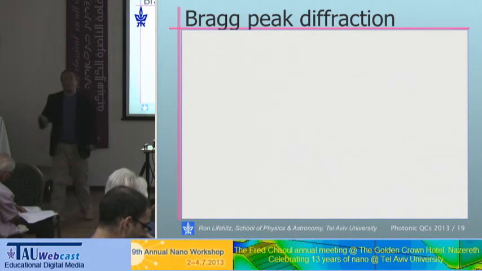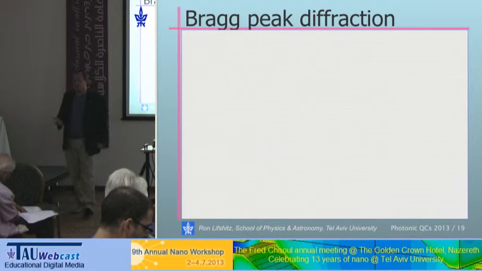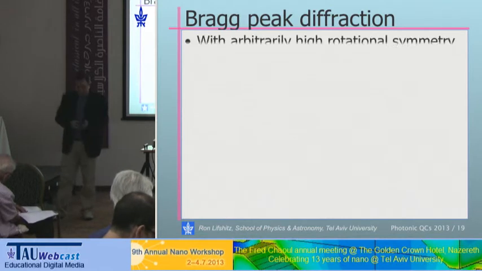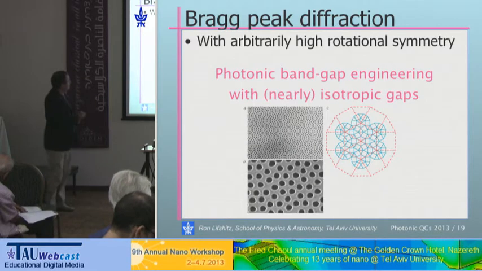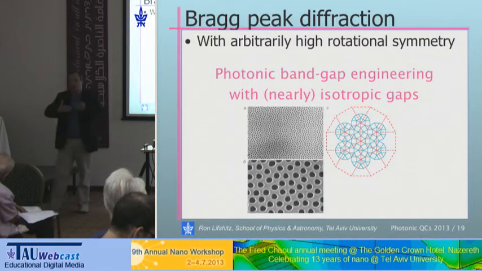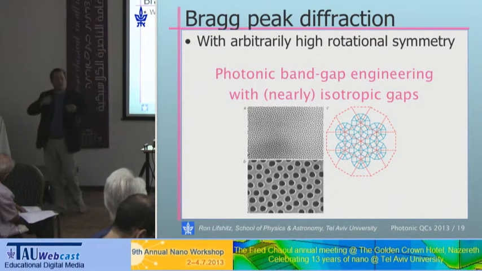Now, it turns out that there are several applications whose basic idea relies on having these Bragg peak diffractions. One of them is applications for having band gaps in material. If you have these Bragg peaks, you have what we call Bragg reflection, and you can generate material where certain bandwidths of light, certain frequencies of light, essentially cannot penetrate into this material.